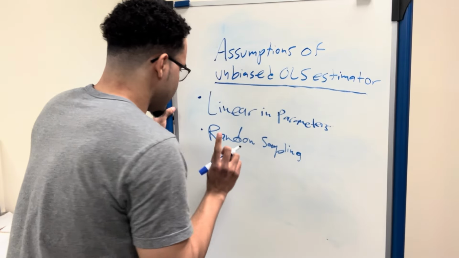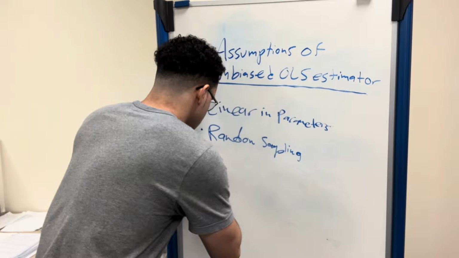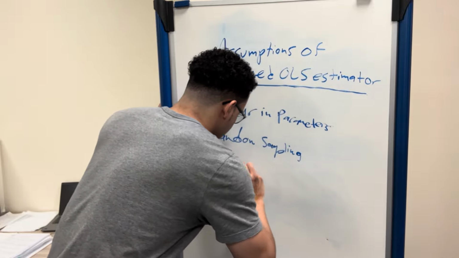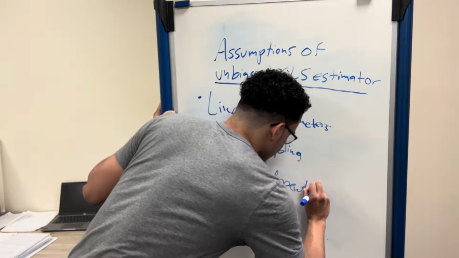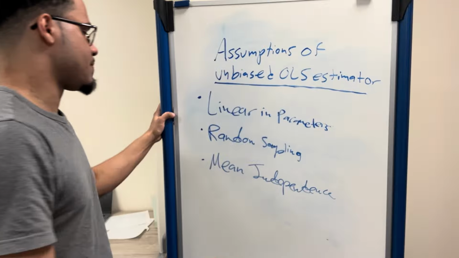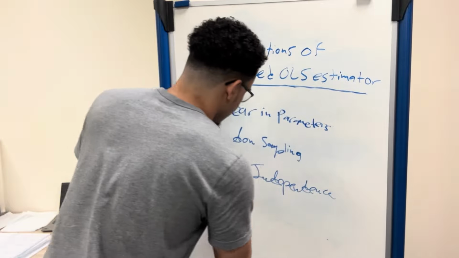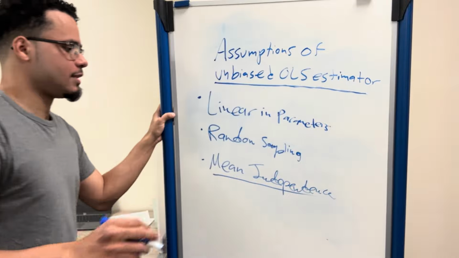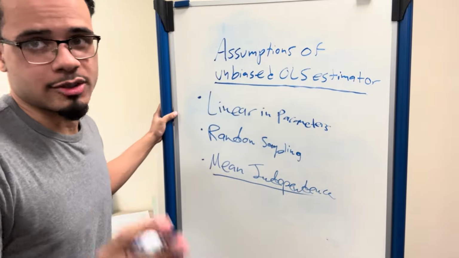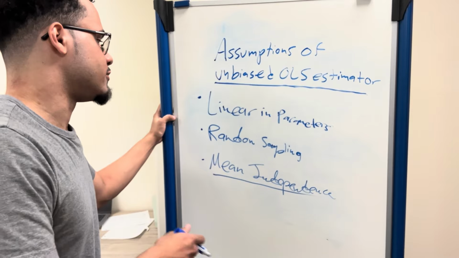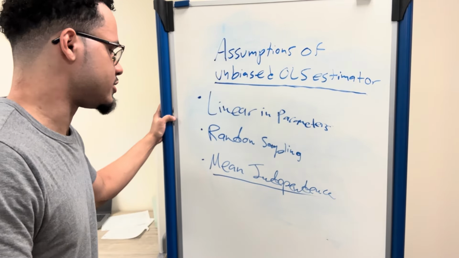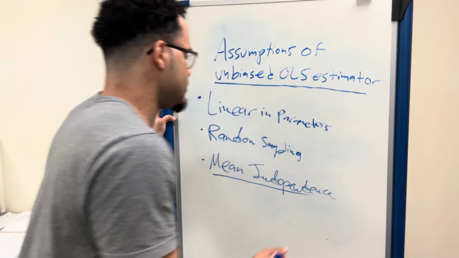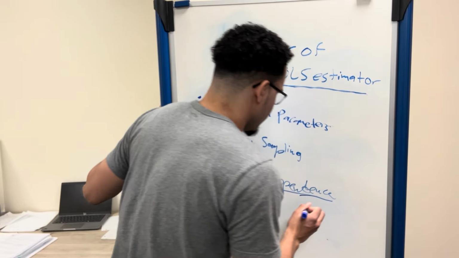So beyond random sampling, we have mean independence. Just as I had stated before, it means that the expected value of the unobservables given the explanatory variables is zero. The zero conditional mean assumption. I've already explained why this is important.